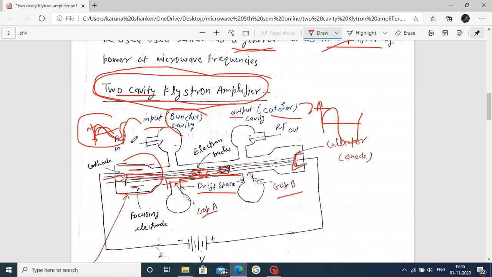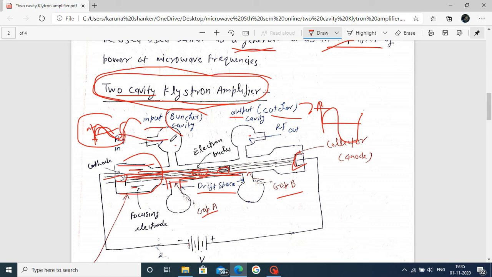Now let us go to the operation. Observe this one, the electron gun is emitting electrons. They move toward the input cavity, then toward your output cavity, and finally the collector collects the electrons. Now observe that as the electrons move, the voltage, meaning the RF input, is present in the input cavity.